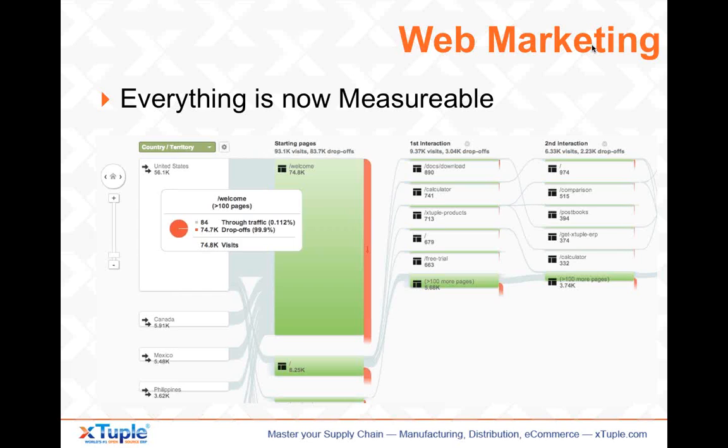Now, the guessing aspect is kind of pulled out of that with tools like Google Analytics and being able to see how many people are coming to your site, what they're doing when they get to the site, even going as far as this Google Analytics visitor flow here that we're showing on the slide, showing how people are moving about your site, which pages they're going to, things like that.